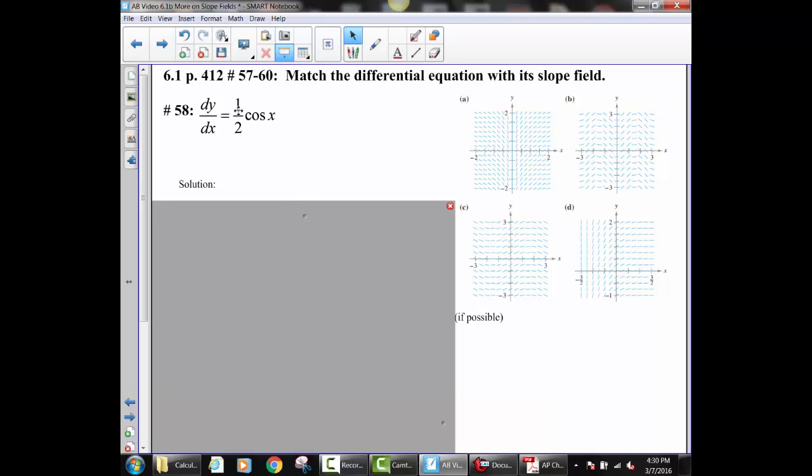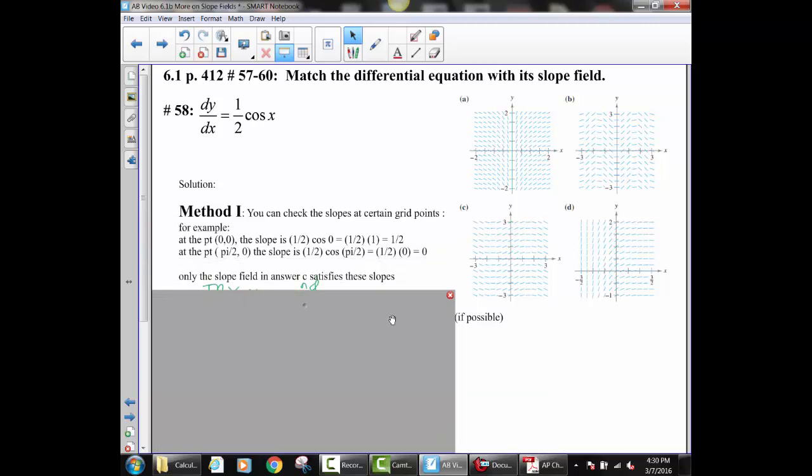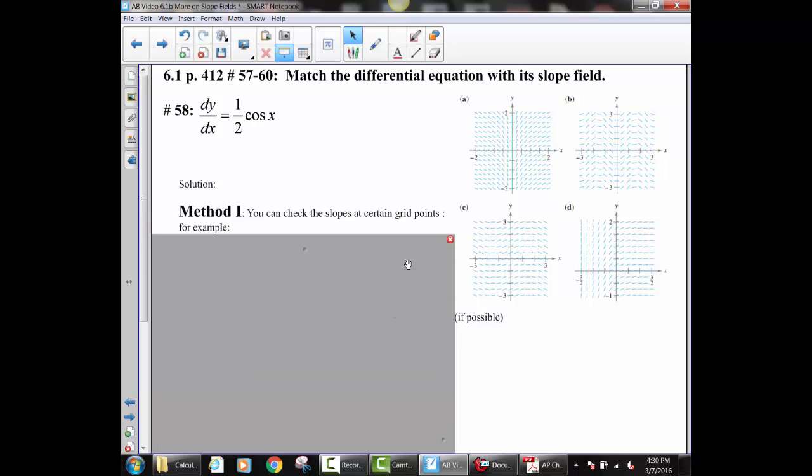So number 58, dy dx equals a half cosine x. Which of the following is a graph of that? Well, it is trig, so you would expect that when you integrate it, you'll get another trig function. There are 2 ways you can do these. One is you can actually check the slopes at certain grid points. For example, at the point 0, 0, for this differential equation, the slope dy dx would be 1/2 the cosine of 0.